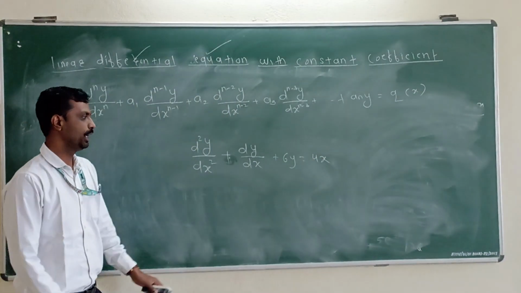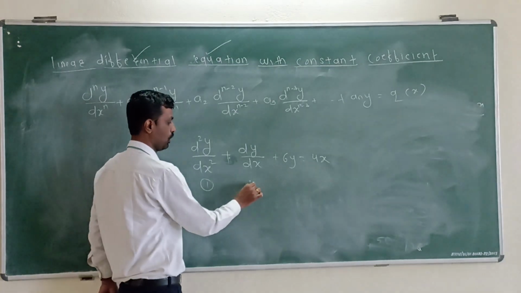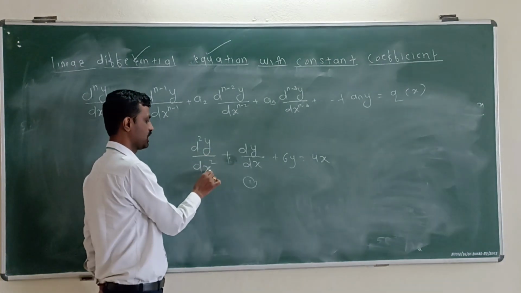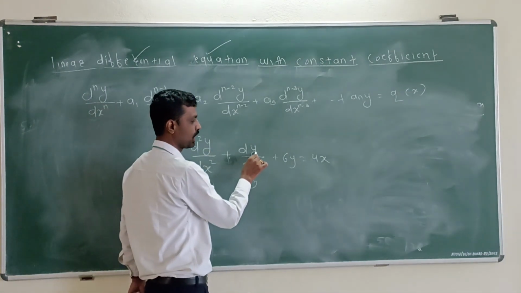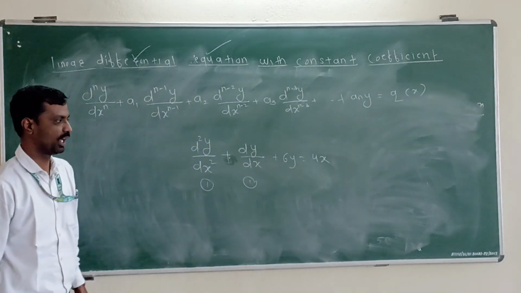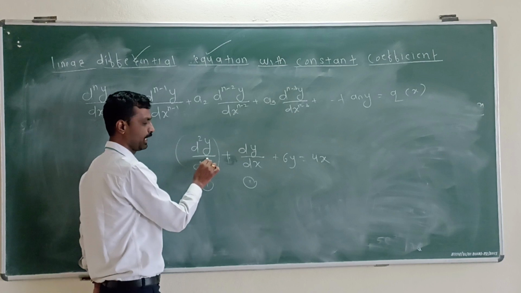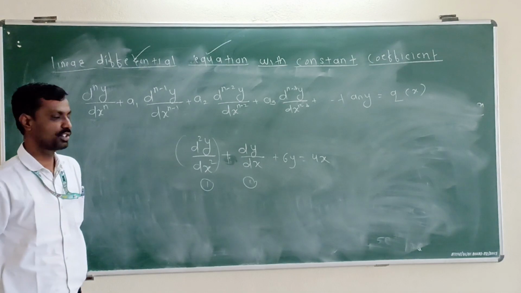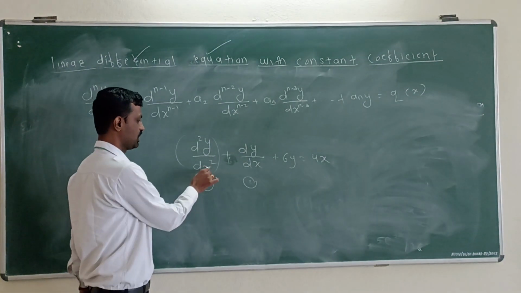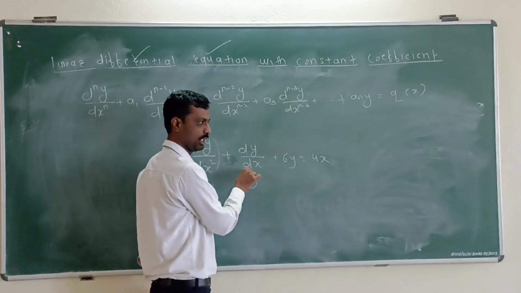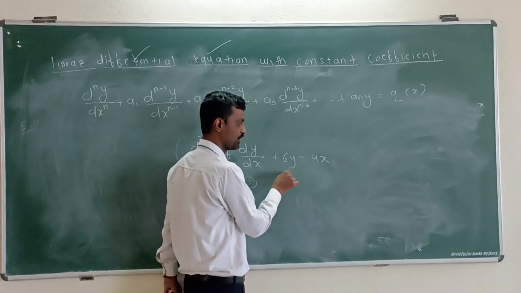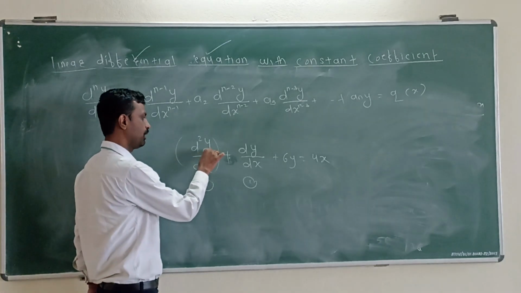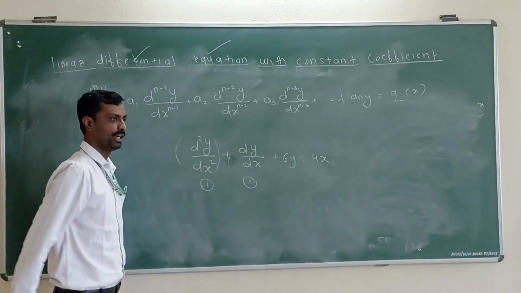This equation contains two terms which have derivatives. The first is the derivative of y with respect to x two times, the second is the derivative of y with respect to x one time. So what are the degree and order of this equation? This term is differentiated 2 times, this term is differentiated 1 time, and the other terms are not differentiated. Y is the dependent variable, x is the independent variable.